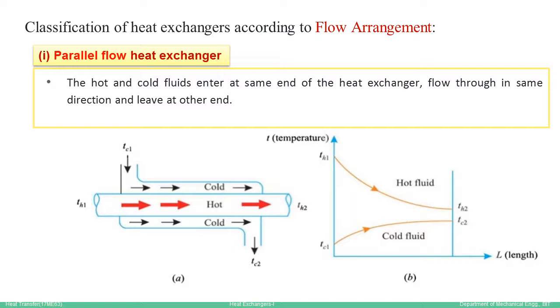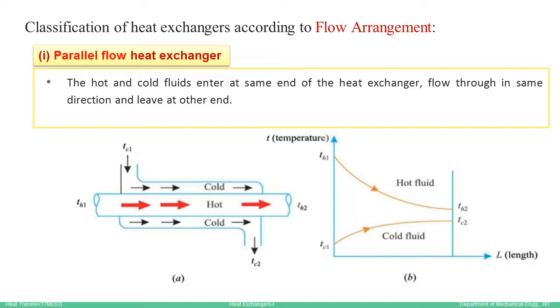And similarly, cold fluid which is flowing inside the annular space between the two pipes, central pipe and the external pipe, has inlet temperature Tc1 and outlet temperature Tc2, and is flowing in the same direction as the hot fluid. Since the direction of both the fluids is the same, we can call it a parallel flow heat exchanger.